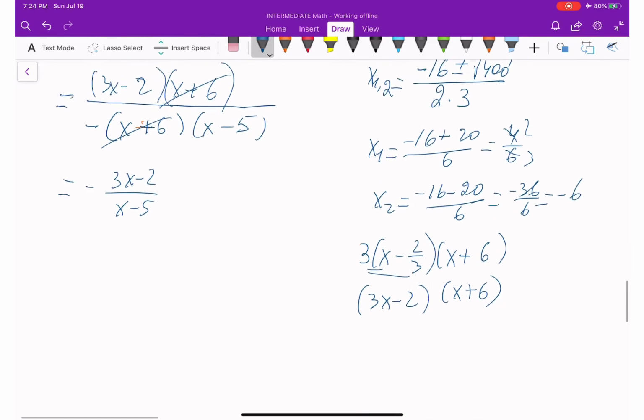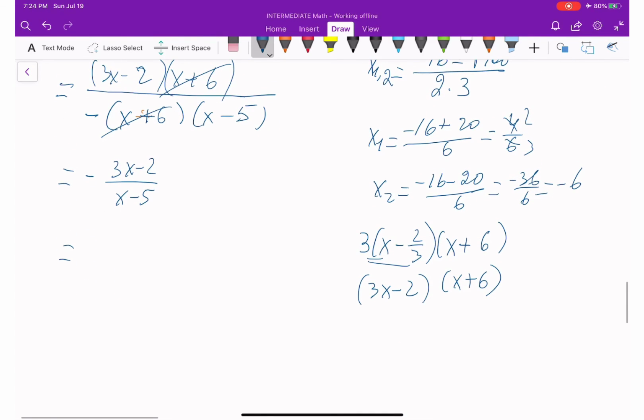So not to leave the negative there, I can do either 2 minus 3x, right? If I apply this negative to 3x minus 2, it's going to be negative 3x plus 2. Distribute. Or just not to have a negative sign in front, I can put 2 minus 3x. When you apply the negative, all you do is flip the positions.